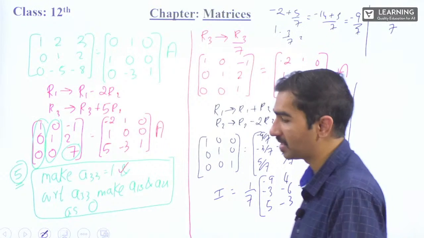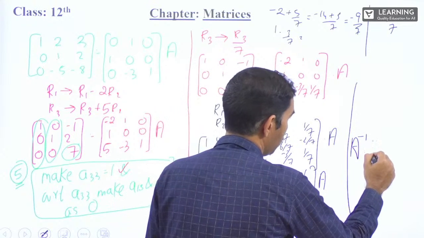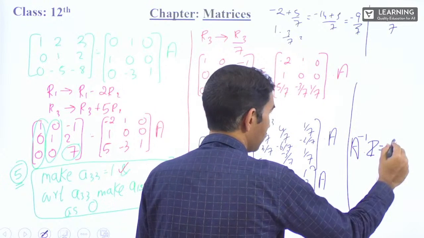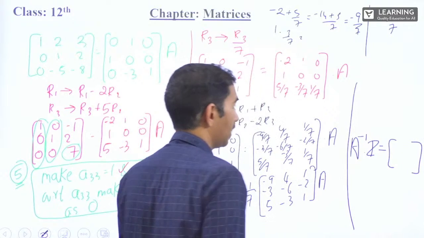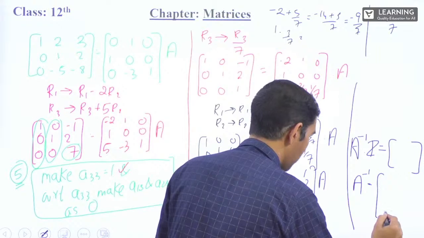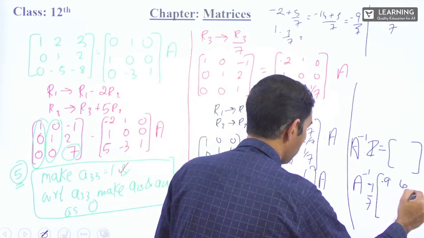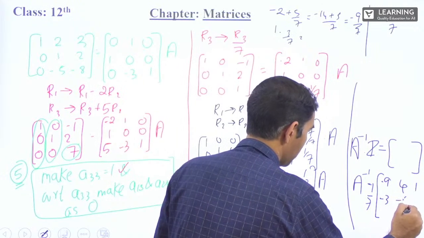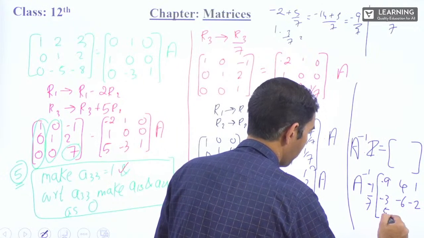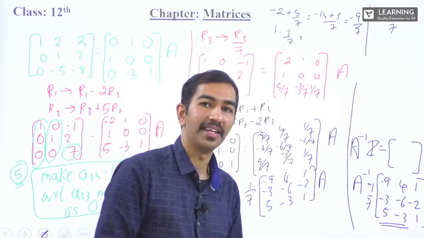If you send this A on that side, you will be getting A inverse into I, which is equal to the matrix. A inverse into I is nothing but A inverse only. So finally A inverse can be written as 1 by 7 of minus 9, 4, 1, minus 3, minus 6, minus 2, 5, minus 3 and 1. So this is your A inverse.